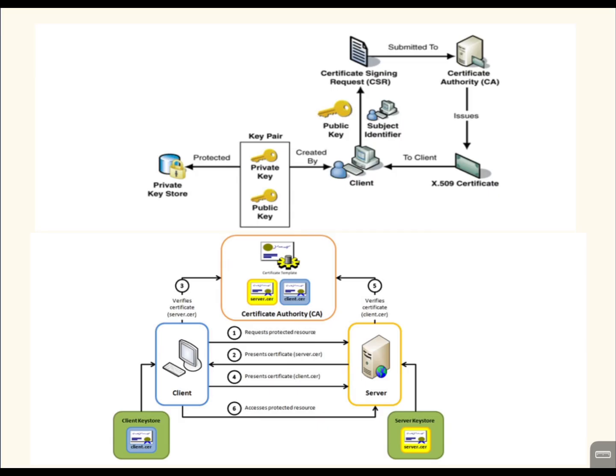So you can see we have two diagrams, the above diagram and the diagram in the bottom. In the first half of the session we will mainly focus on the first diagram. In this first diagram you can see that we have a client, right? It could be a client, it could be a server, it could be anything.